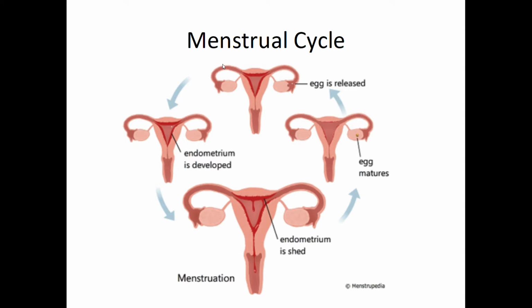That egg is released, and at the same time, there is this matured endometrium that will continue maturing to potentially be able to accept a fertilized egg and start the process of pregnancy. However, if a fertilized egg does not implant, then that endometrium and the egg will be shed in menstruation and the cycle will start again.